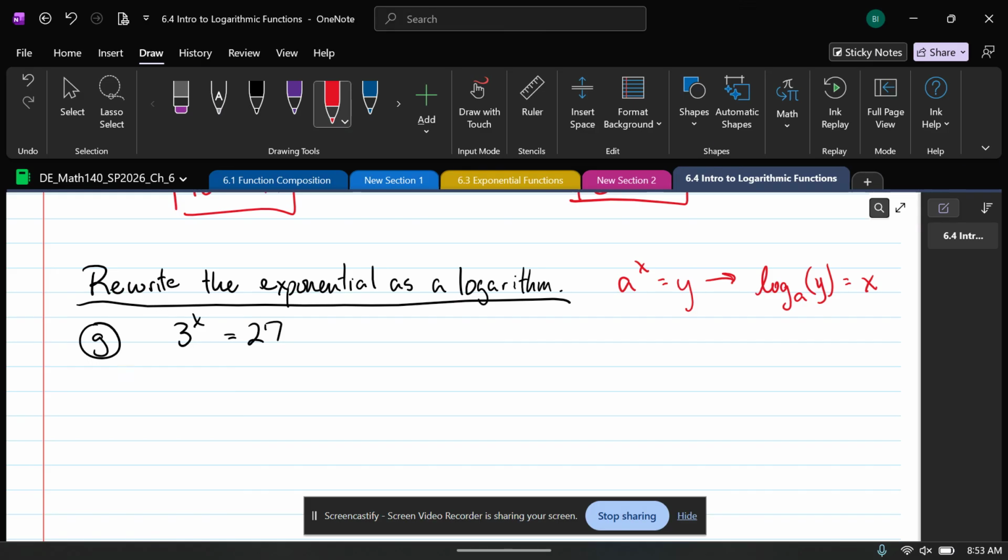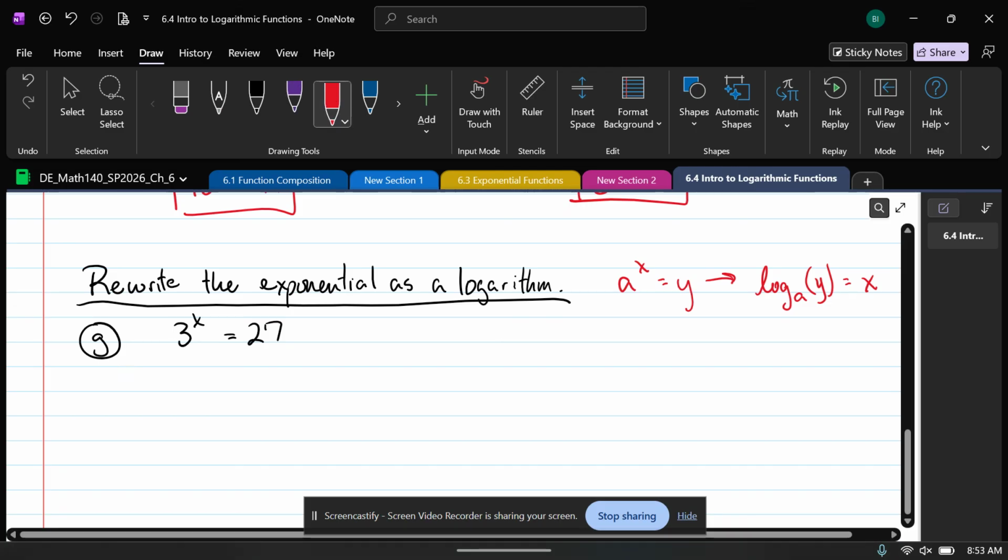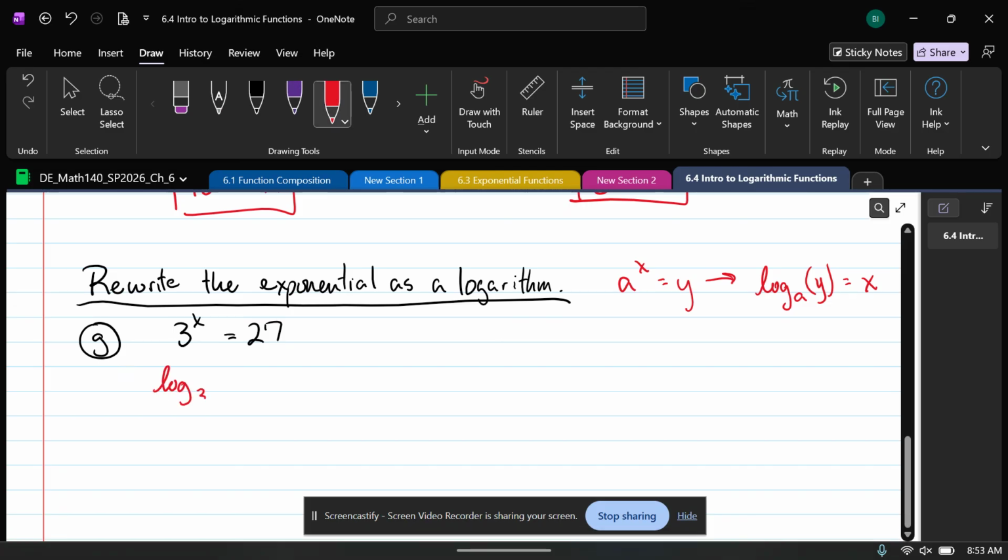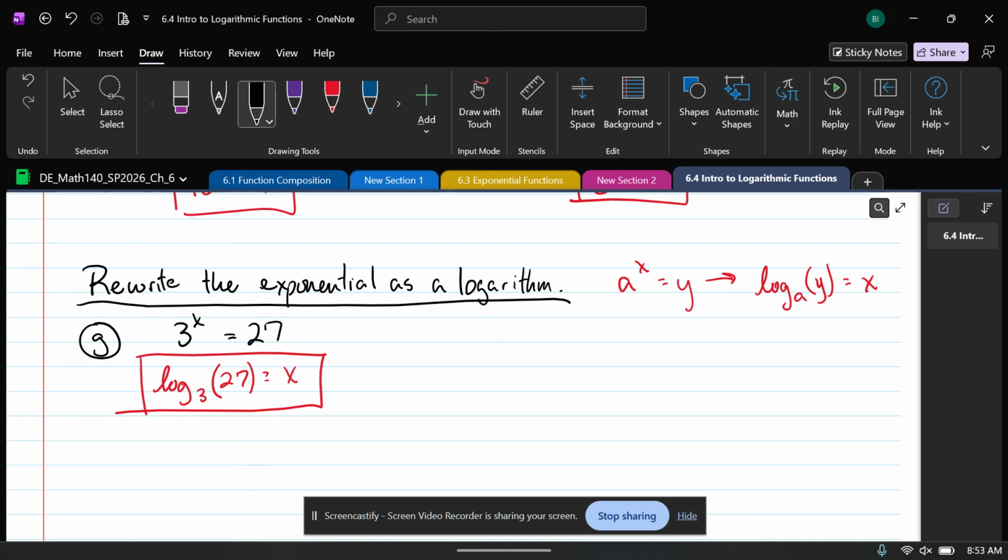So, how would you write this one? It's not times, just say of. Yeah, because it's not really multiplication that's happening there. Log base 3 of 27 is equal to x. Yeah, right idea. Just got to get the verbiage in the right way. I'd hate for you to go to somebody else's class and say it the wrong way, and then they're like, "Who's your teacher?" And then I'd get a nasty email from somebody.